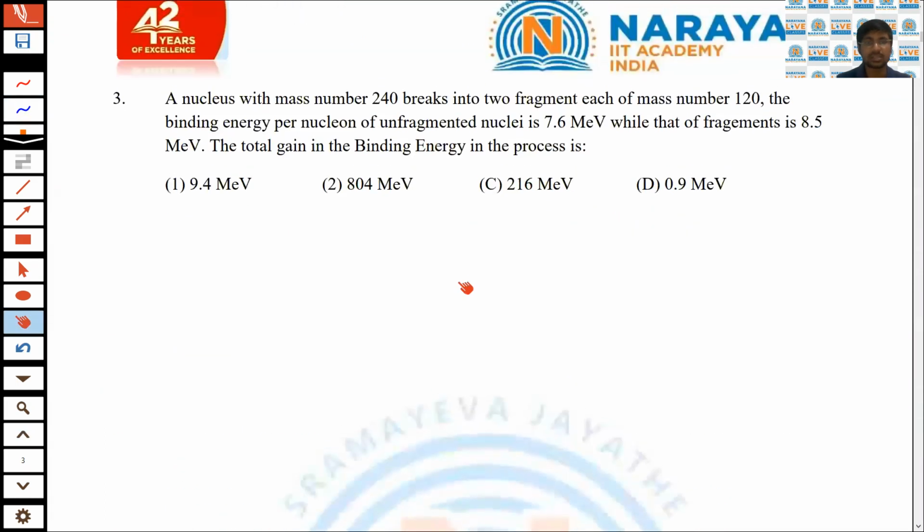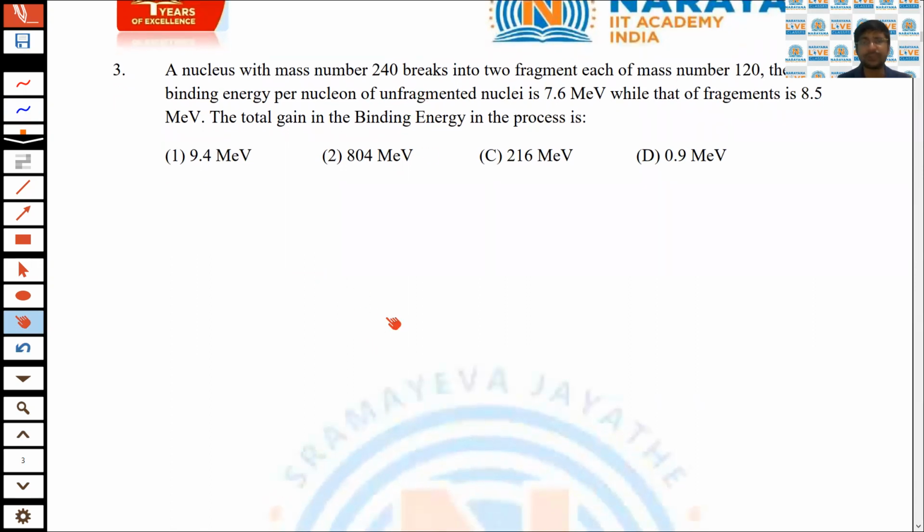Now let's come to the third question. A nucleus of mass number 240 breaks into two fragments, each of mass number 120.